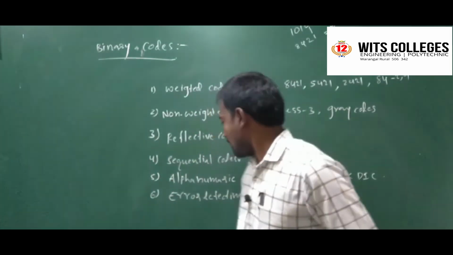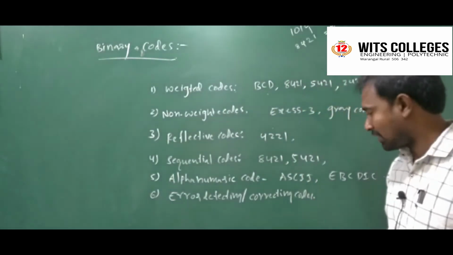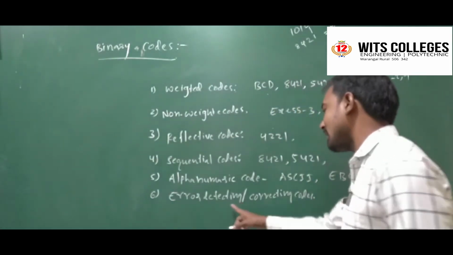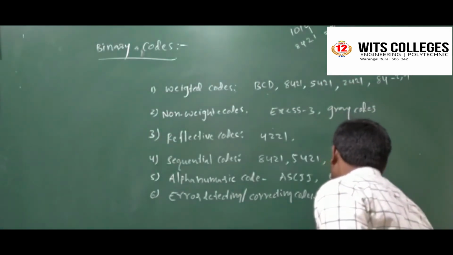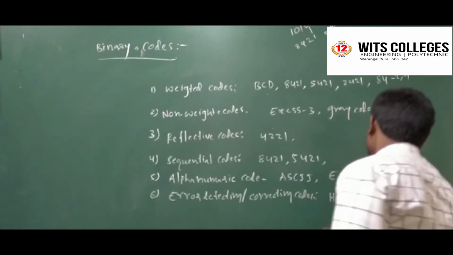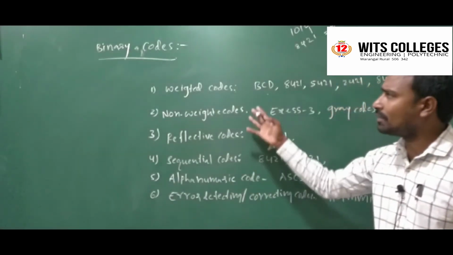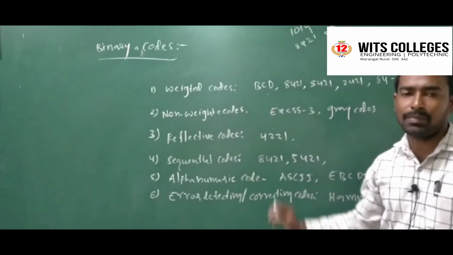And coming to the sixth one, error detecting and correcting codes, an example is the Hamming code. So these are the binary codes we have, with examples for each.